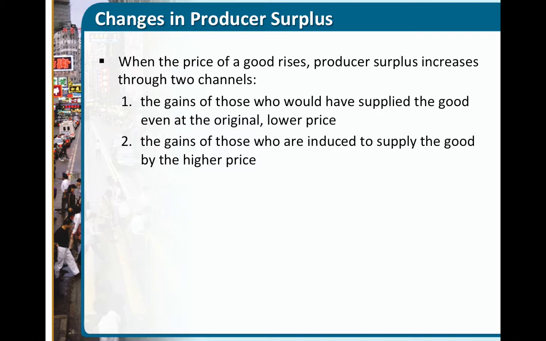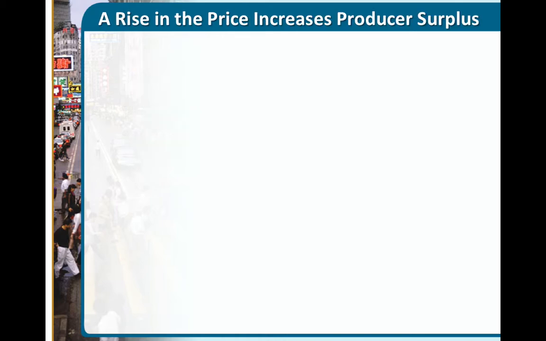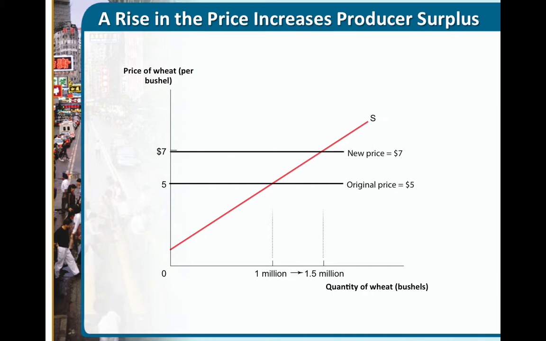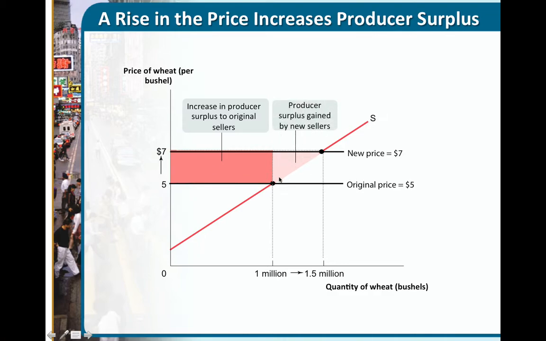So it's the exact same concept when there's a change in the price of a good. You'll see an increase in price here from 5 to 7. You'll see an increase in the producer surplus from the original sellers who are going to sell it at $5 anyway. And you will also see producer surplus gained by new sellers.